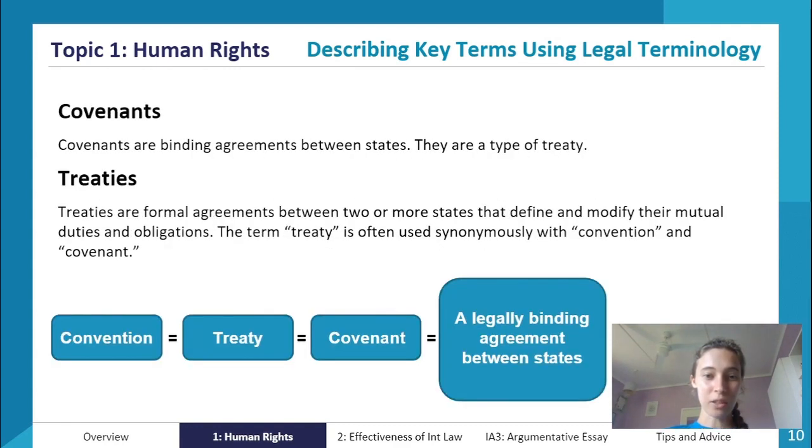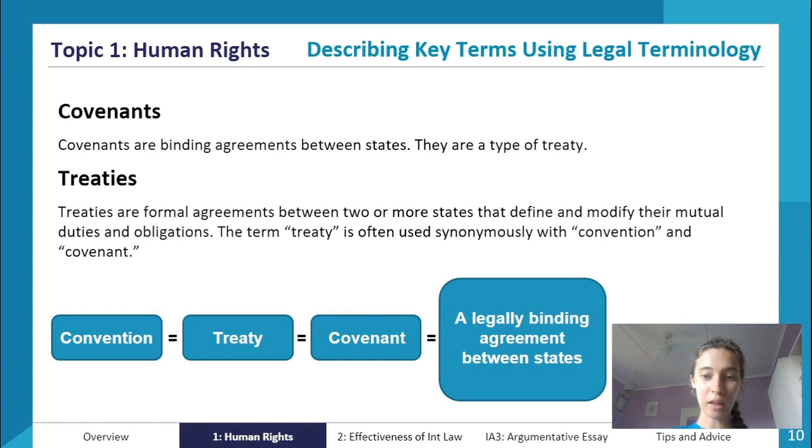Something else that you will see all the time throughout this unit are these terms that refer to legally binding agreements between states. So we've got covenants and treaties, and they are often used synonymously, meaning the same thing. These are binding agreements between states that are formal, and they define and modify their mutual duties and obligations.